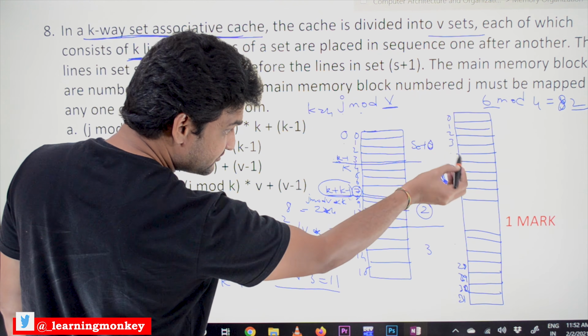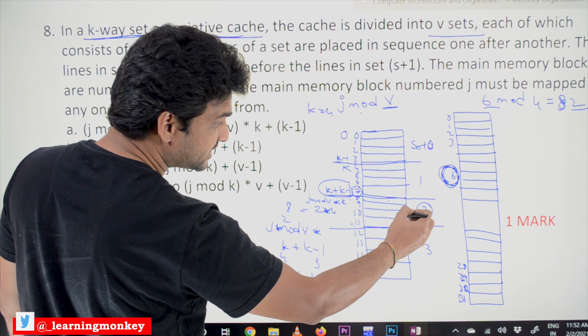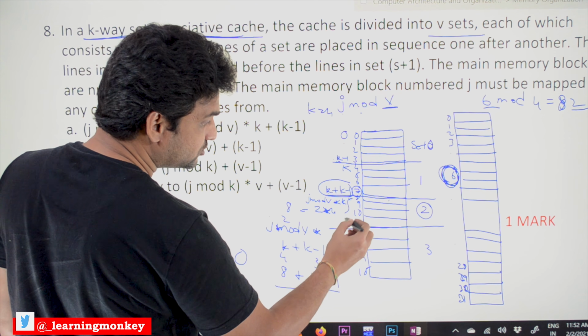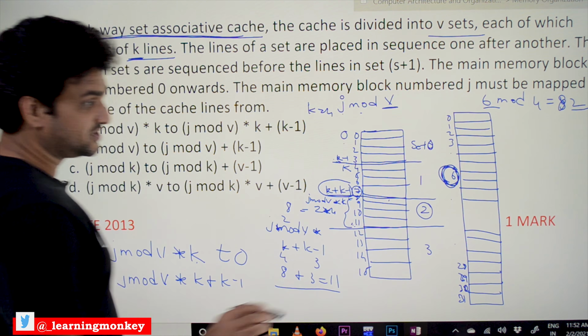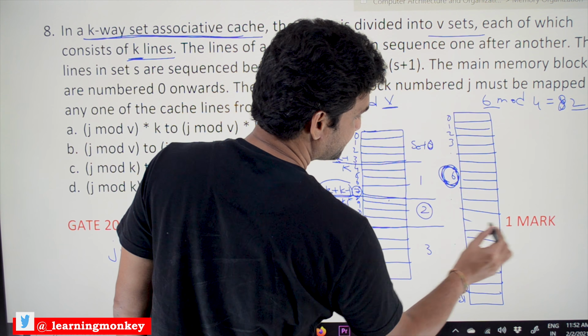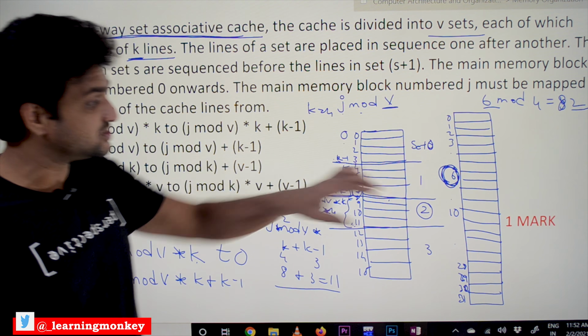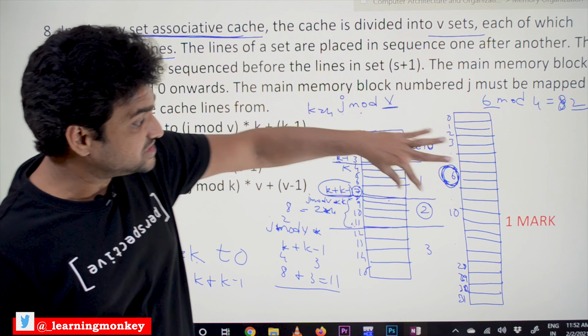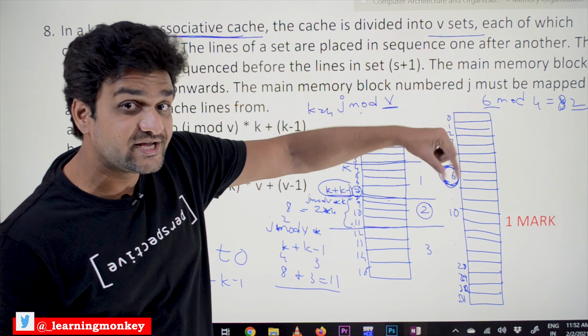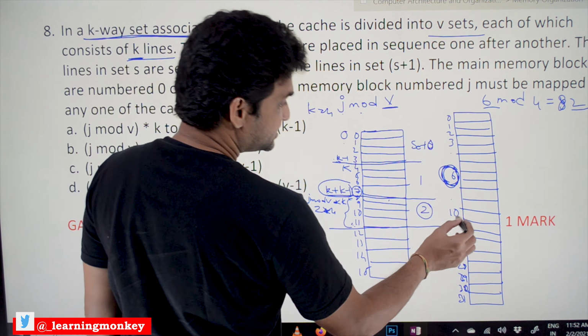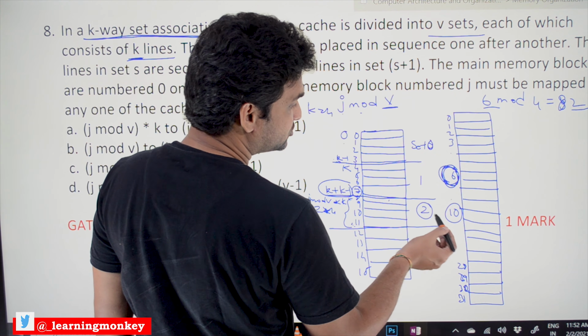The blocks that will get mapped to this set of cache memory will be within the range from 8 to 11. For example, let's take the 10th block. Let's see the range of cache memory lines to which this 10th block will get mapped. This will get mapped to the second set.